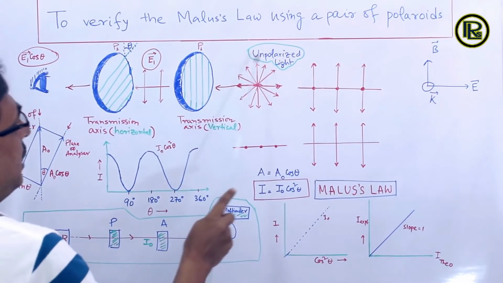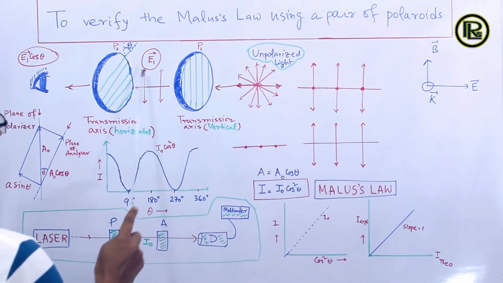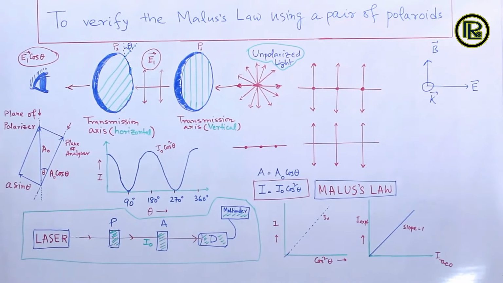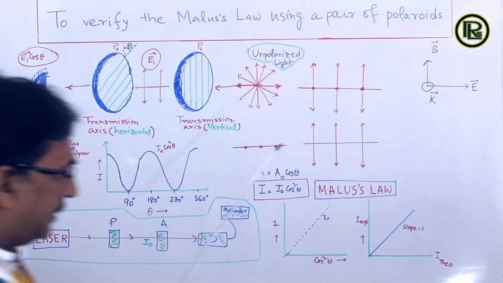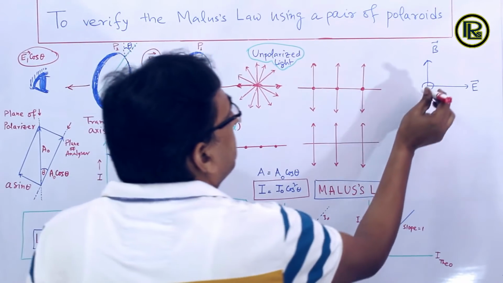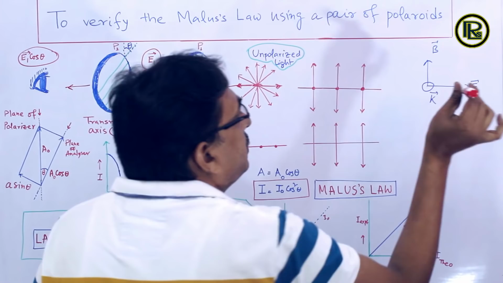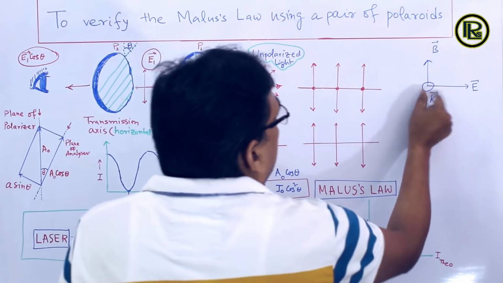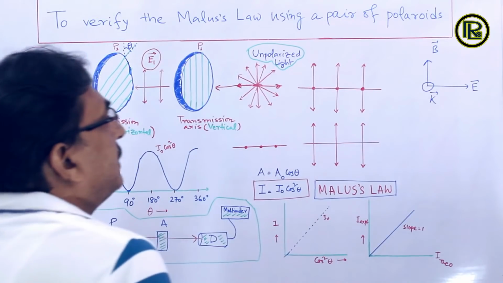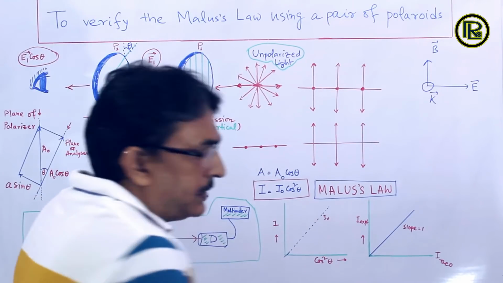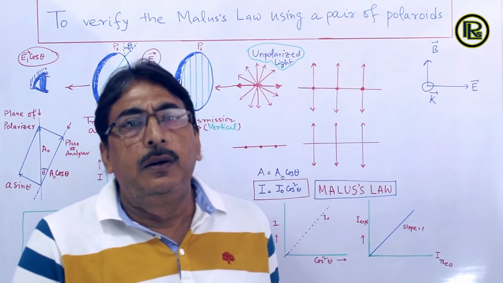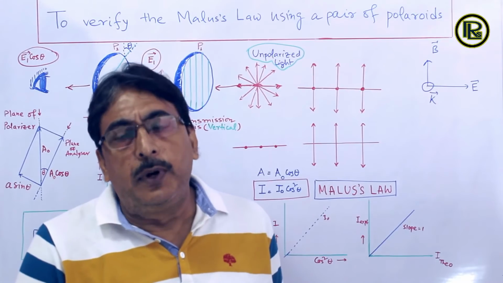So this unpolarized light becomes polarized here, having E1 in a particular direction. So when the light propagates this way and the electric field vibrates in a particular direction, then this light is called plane polarized light or linearly polarized light.